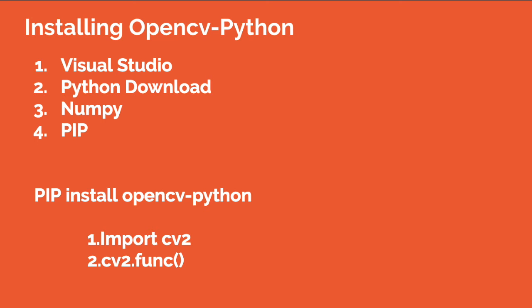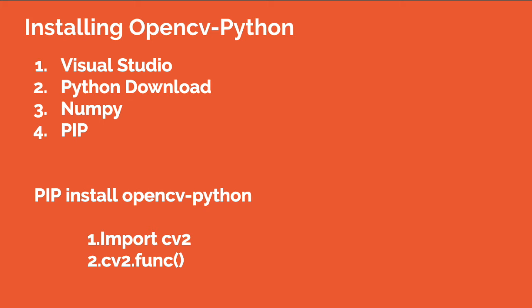The third important thing, not software but a package, is NumPy, because OpenCV Python totally uses NumPy for image processing: when opening an image as a 2-dimensional or 3-dimensional array, it uses NumPy, which is a package of the Python language.